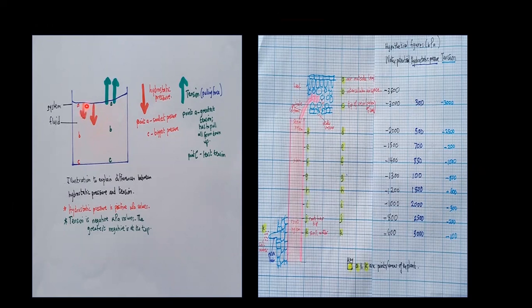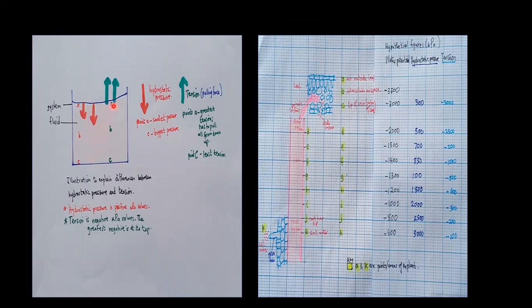So the hydrostatic pressure at point A will be lower than at point B because the weight of the water is high in point B. So hydrostatic pressure increases as you go down. At the top of the tree, hydrostatic pressure will be lower, and higher below.